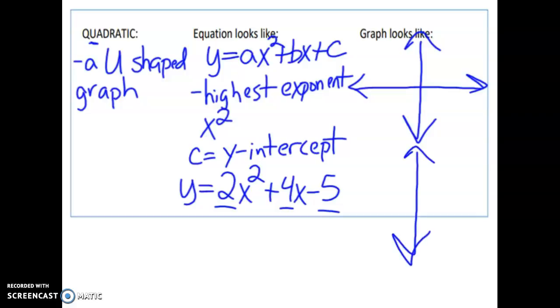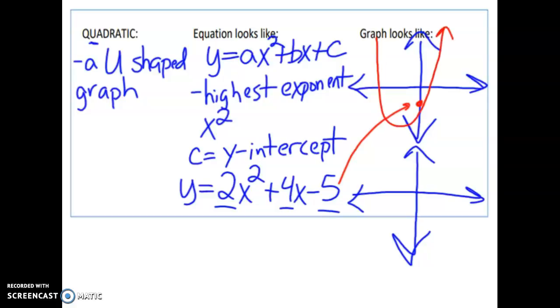I'm going to draw a quick sketch of a y and x axis and do two of them. And the reason is we have two different types of quadratics. All right, the example here has a -5 for the y-intercept. So I went below 0 and drew or put a point. And now I'm going to draw in the U-shaped graph.